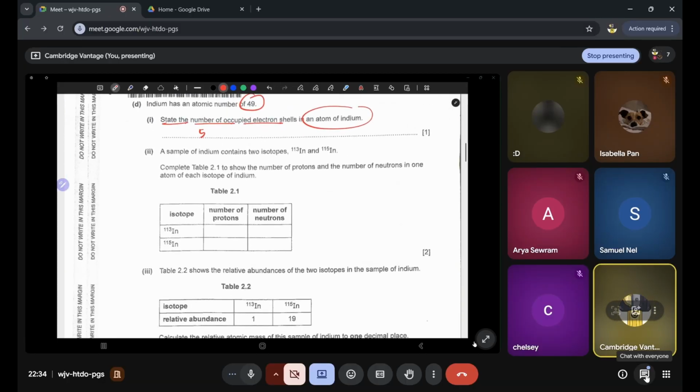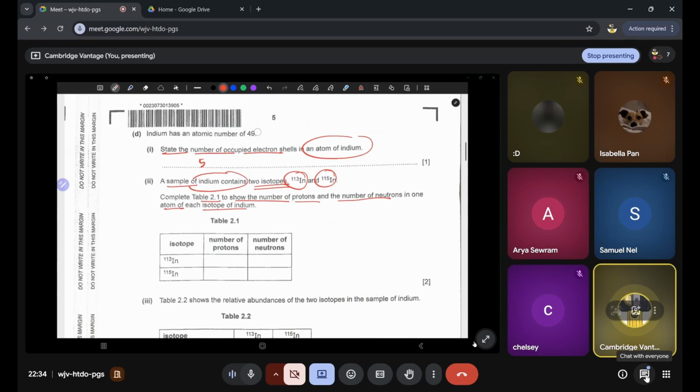Okay. And then what do they ask? A sample of indium contains 2 isotopes, indium-113 and indium-115. Complete table 2.1 to show the number of protons and the number of neutrons in one atom of each isotope of indium. So we already know that the atomic number is 49. The atomic number itself is the proton number. So it's 49 for both of them.